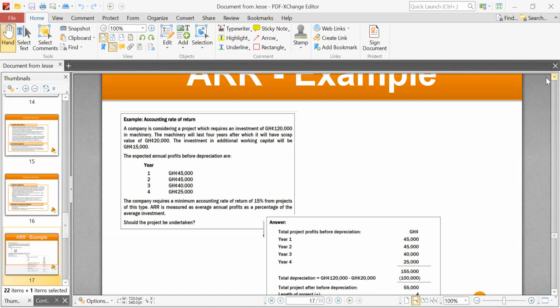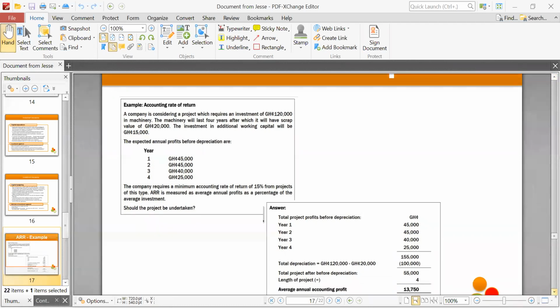I'm not too sure what the exact number is, but someone can help me if they have a calculator. 13,750 divided by 85,000 should give us about 16%.